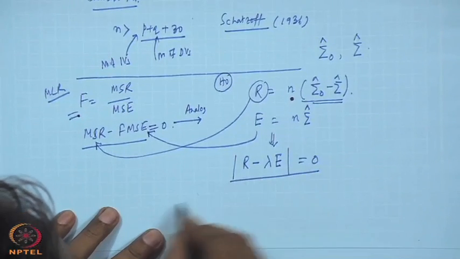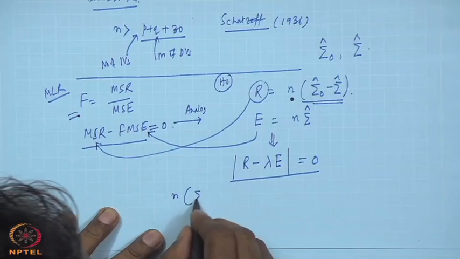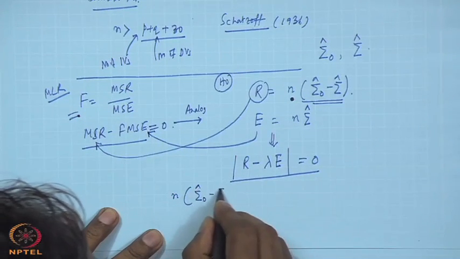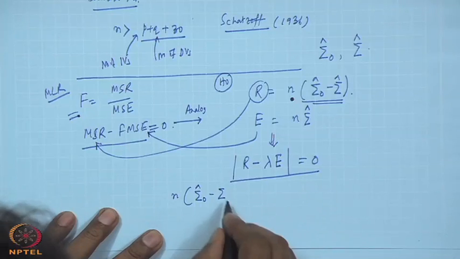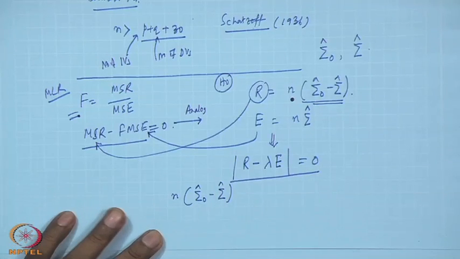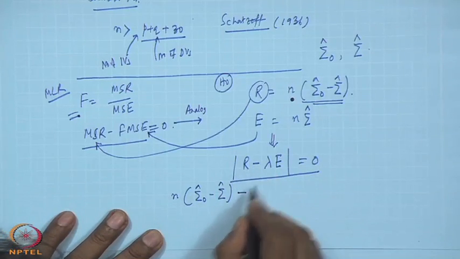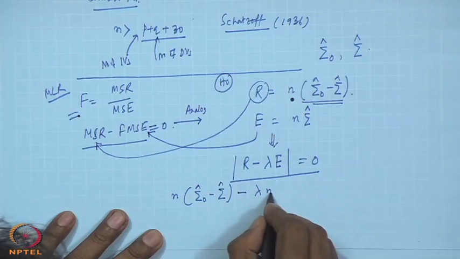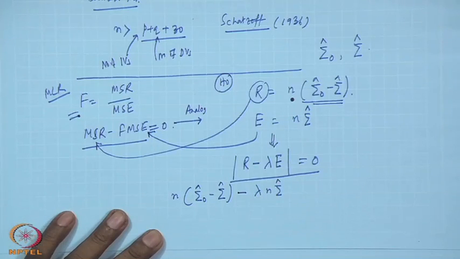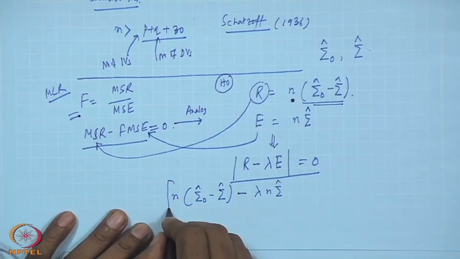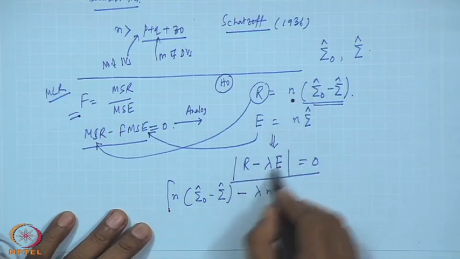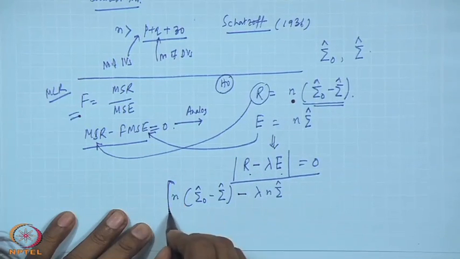What is this? If I write, it is nothing but n epsilon 0 cap sigma 0 cap minus sigma 0, that is R, minus lambda n sigma 0 sigma cap. This one is R minus lambda E, this is the matrix.